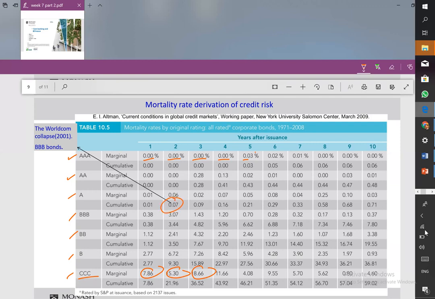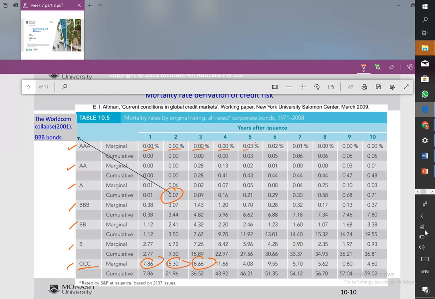The other thing, there was some information here about this. This was related to the defaulting of WorldCom and Enron. WorldCom, I think, had some bonds there. This is from 1971 to 1981. This is one of the years where they default.